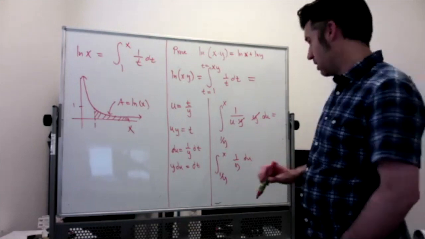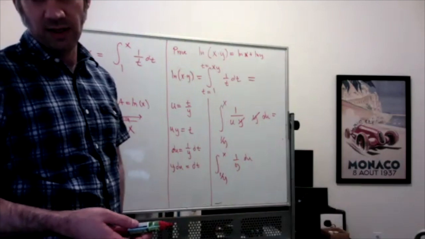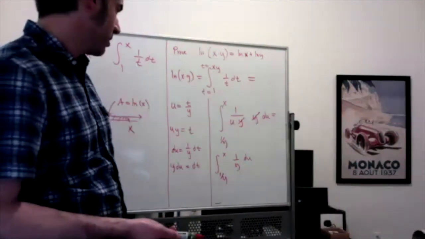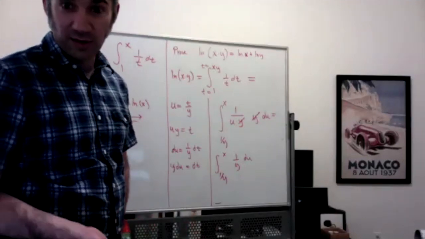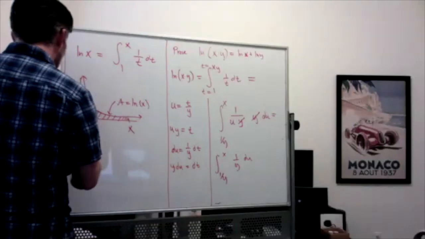Okay, so then, this is extra sneaky. The problem here is I want to jump straight to the end and just integrate 1 over u, but I can't.